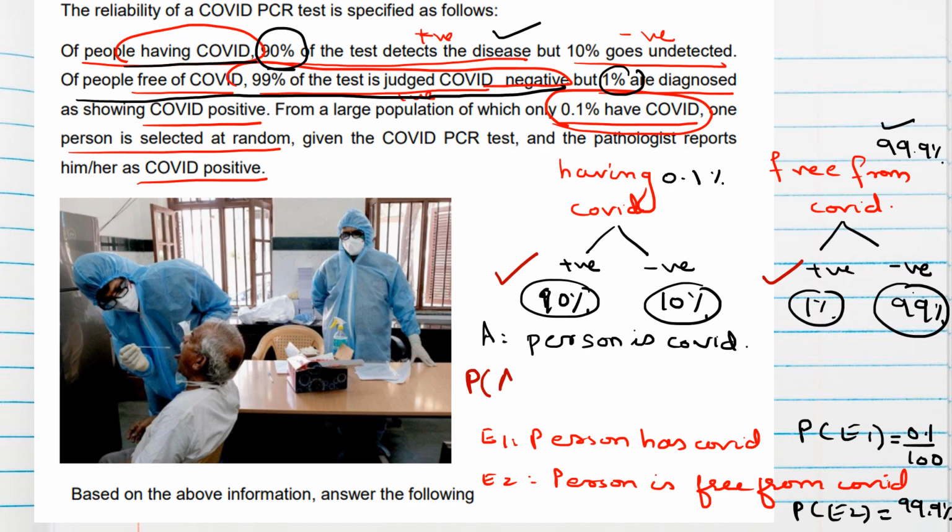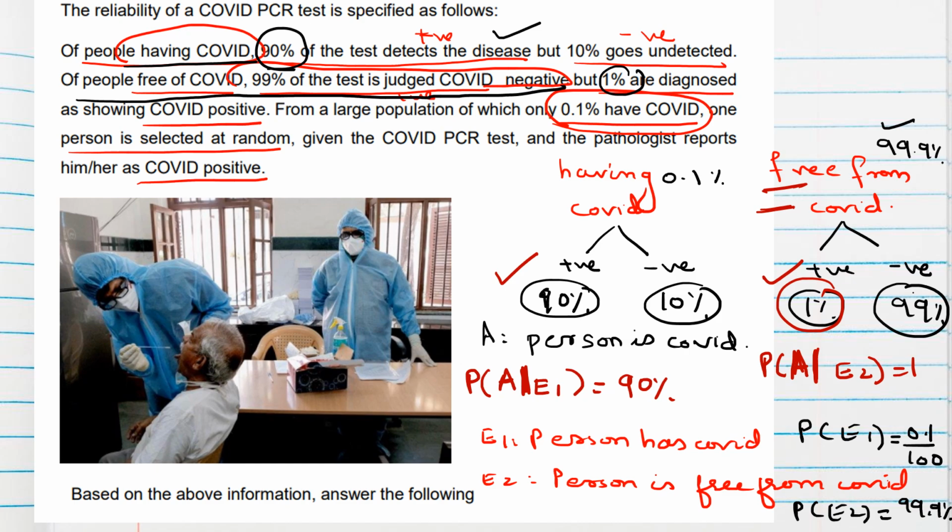Probability of A given that it is known that he has COVID, that is E1, 90%, or 90 by 100. What is this 1%? The probability of A, the person testing positive, given that the person is from the free of COVID category, that means batch E2, is 1%. So with this flow chart we can clearly get the idea of what is given.